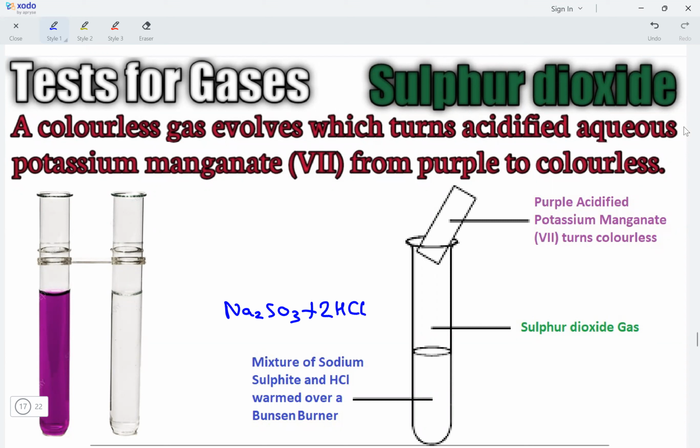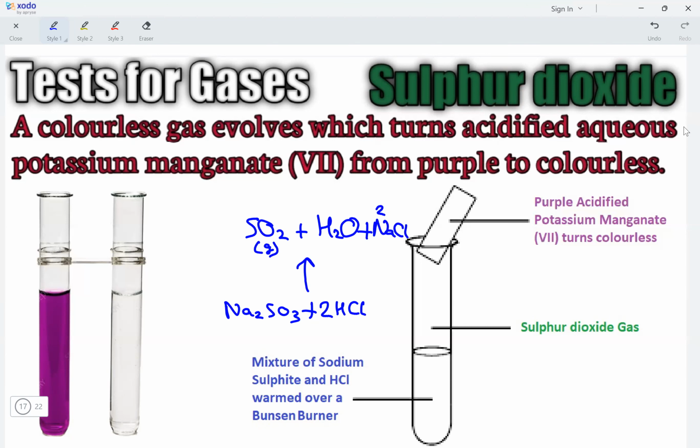Why 2 moles? Because there are 2 moles of sodium ions present. And it is warmed over a Bunsen burner. When you warm this, this results in the production of SO2 gas. It forms H2O and it forms NaCl, 2 moles of NaCl. So these are the products formed when this reaction occurs.